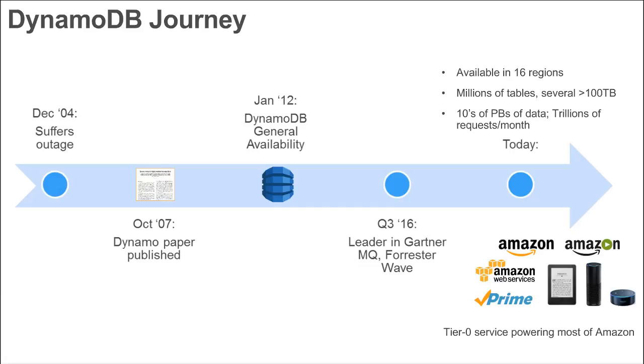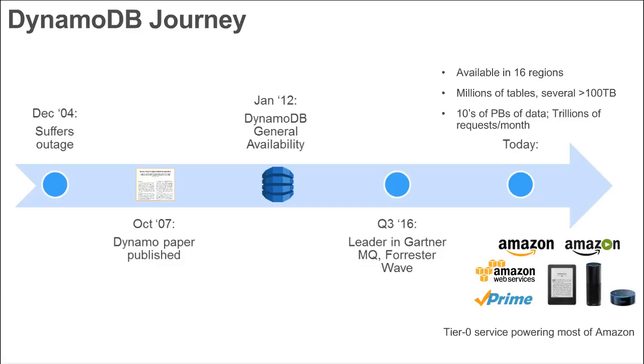Dynamo was the name of the paper at that time, and DynamoDB as a service from Amazon itself came about in January 2012. So we just celebrated, I guess, our five-year anniversary of being a publicly available service. Since then, DynamoDB has become a leader in the Gartner Magic Quadrant, as well as Forrester Waves and many other analyst reports. It's a leading cloud provider of a fully managed NoSQL database service.